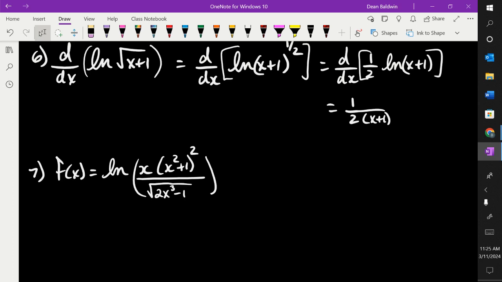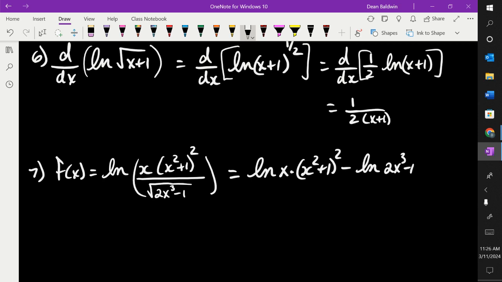But we have log rules. So what's the log going to allow me to do to the numerator and the denominator? If you're dividing, you are doing what? Subtracting. So we rewrite it at first. We go, okay, this is the natural log of x times x squared plus 1 all squared, minus, I'm going to turn the denominator into a fractional exponent to that.